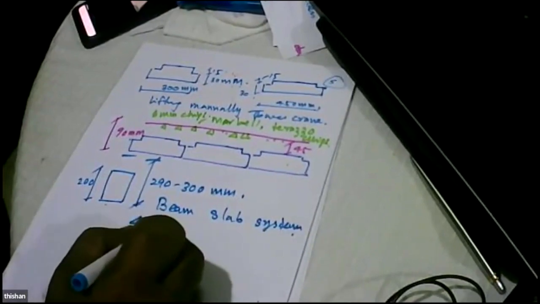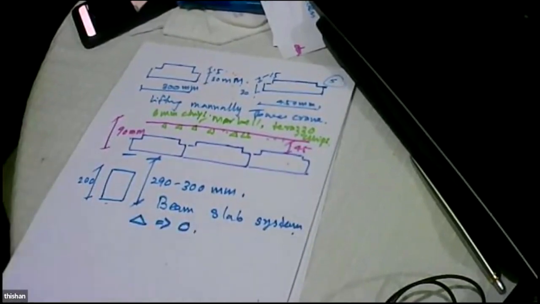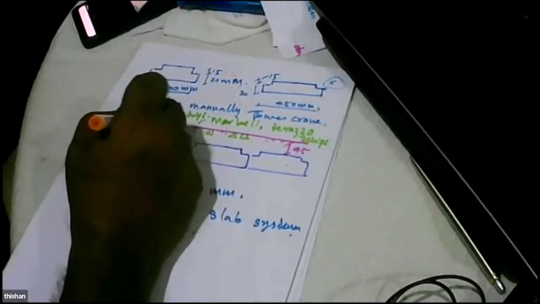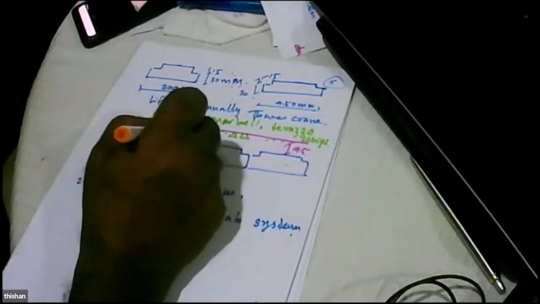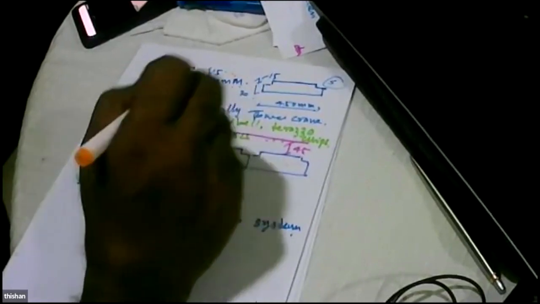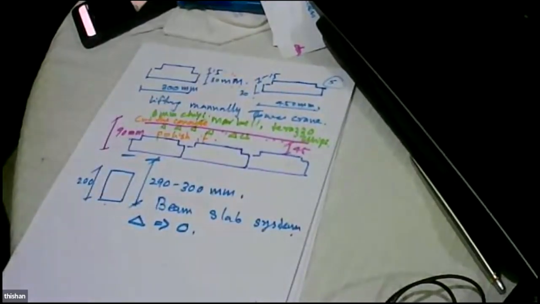Generally, the deflection is pretty close to 0 in these systems, due to the dead weight. So the deflection is almost 0. So that means we can cut and polish it. At the concrete level, polish it. The moment you polish it, you can get a very nice terrazzo finish.